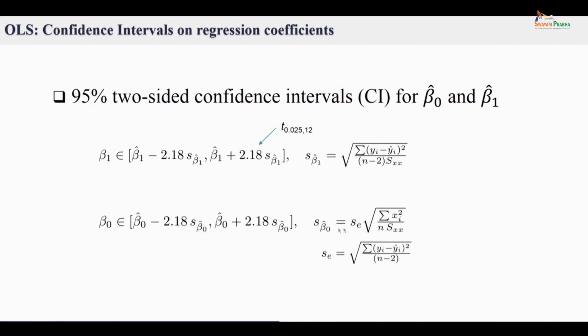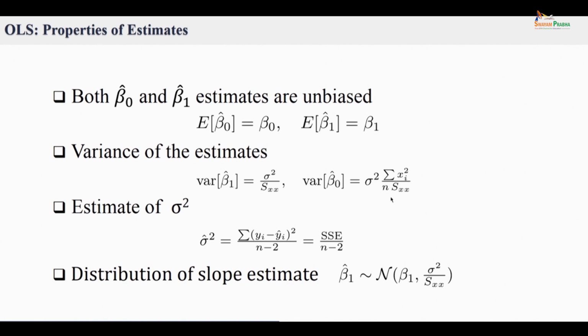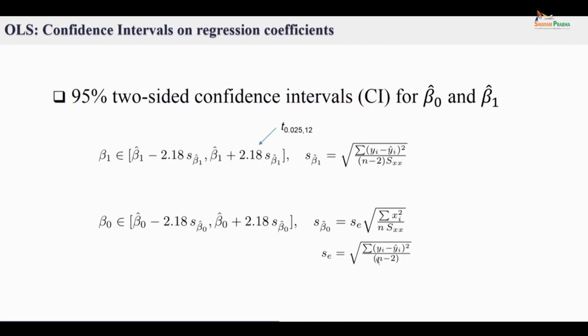Remember, S beta naught hat is the square root of sigma hat squared, estimated from data, multiplied by the square root of sum of xi squared divided by n times SXX, which is nothing but the square root of what we have derived in the earlier expression, with sigma squared replaced by the estimated quantity. That is all these two terms represent, S beta 1 hat and S beta naught hat.